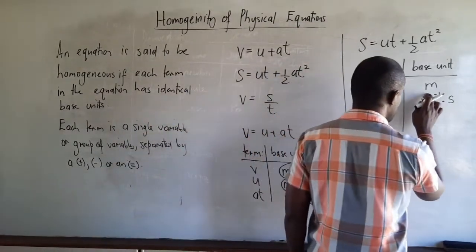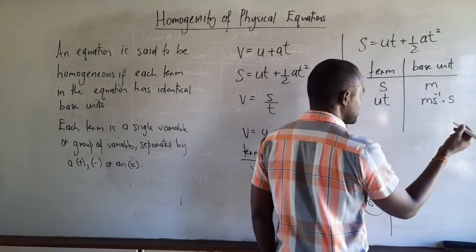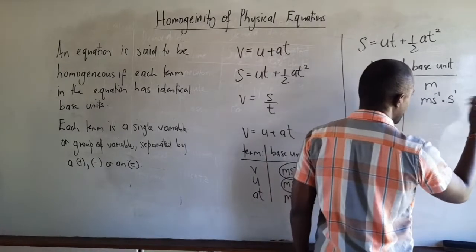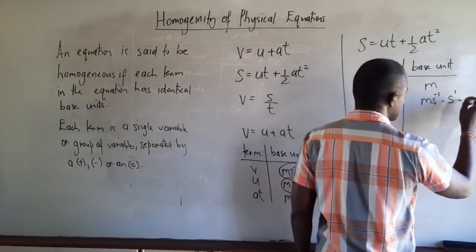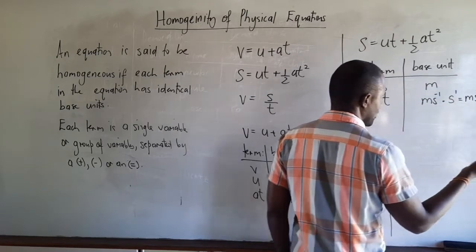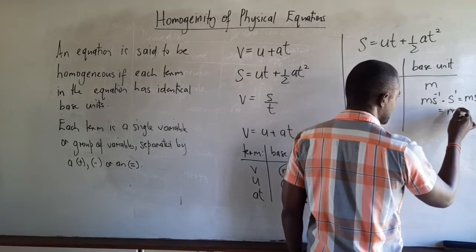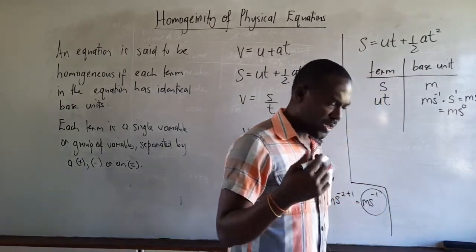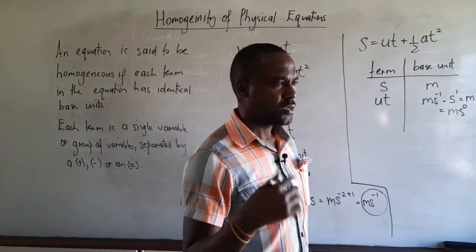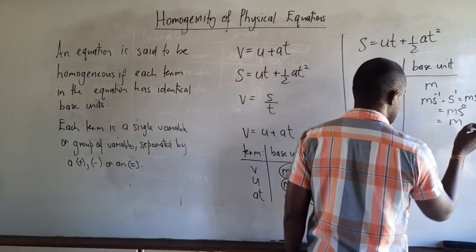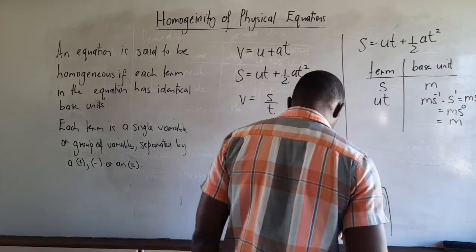So s to the minus 1, and this s, of course, is the same thing as s to the 1. So when we combine those two, we get meter s to the minus 1 plus 1, which of course is the same thing as meter s to the 0. And from the laws of indices, any base raised to the power of 0 just gives us 1. So this of course is equivalent to the meter, right?